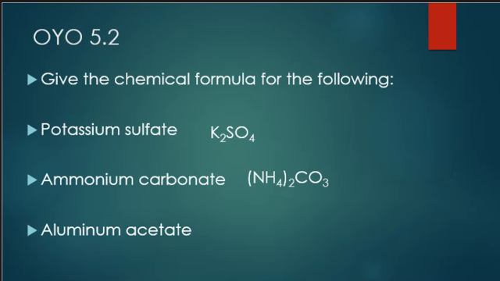Aluminum acetate. Okay, aluminum's on our periodic chart. So that's Al. What group is it in? Over there, 3. And acetate's on our new chart. C2H3O2 negative 1. What's the Al going to be? Because it's in group what? 3.